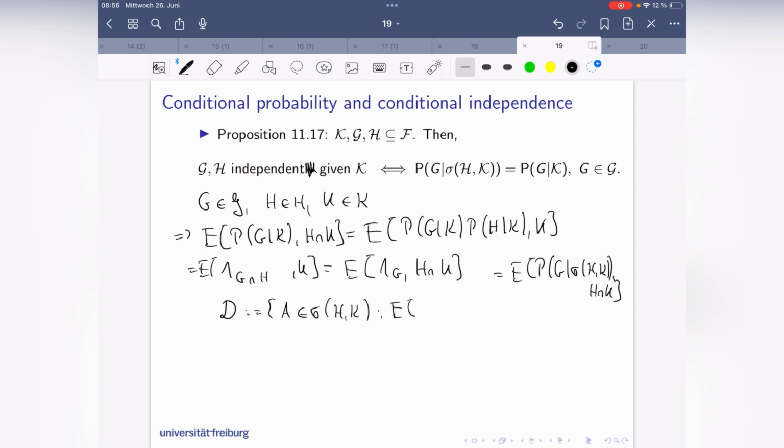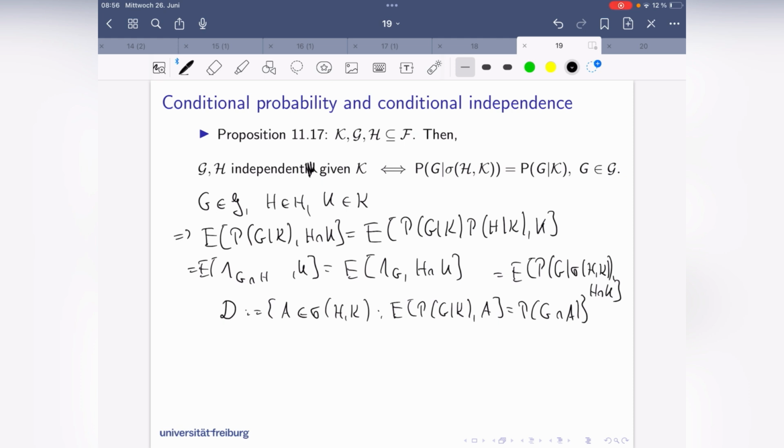E P of G given K on the set A equals, well, I'm using this here because the last bit is anyway only a definition, is the same as P of G intersected with A.